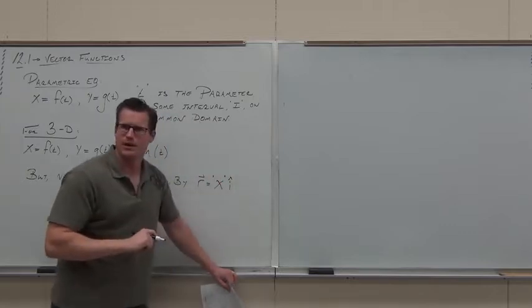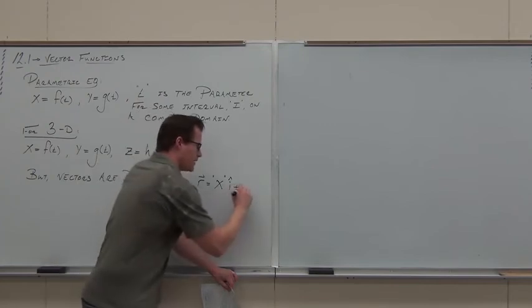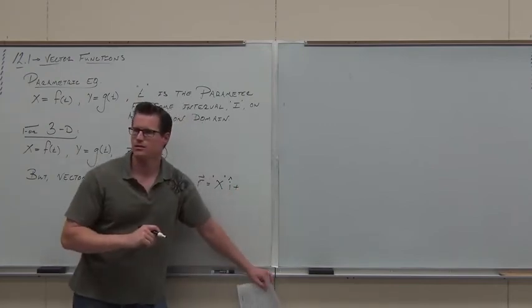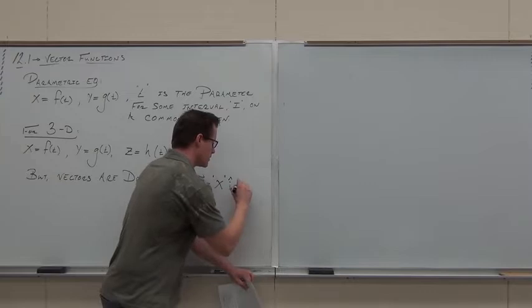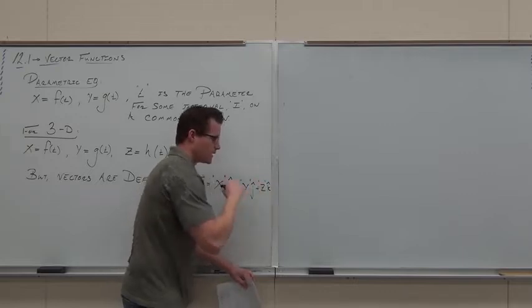Do you remember talking about that? You'd have an x coordinate, and then i, and then you'd have, what's next? A y coordinate with j, and you'd have a z coordinate with k.